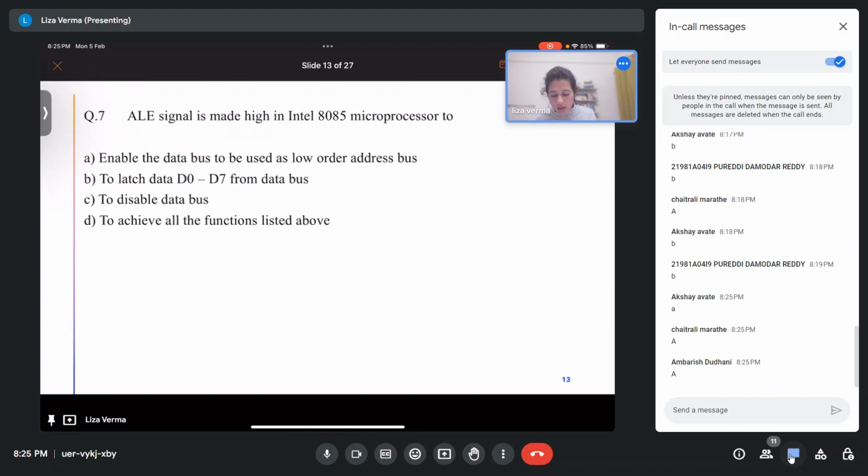Next question. ALE signal is made high in 8085 to do what?